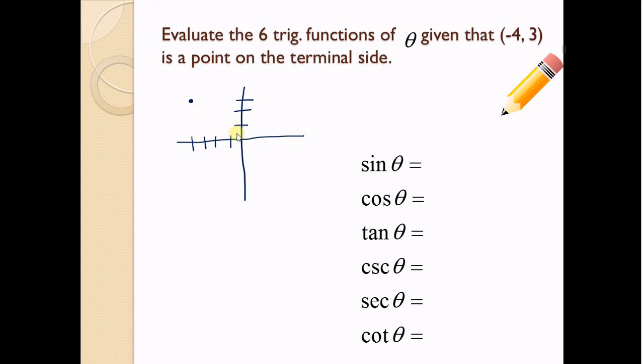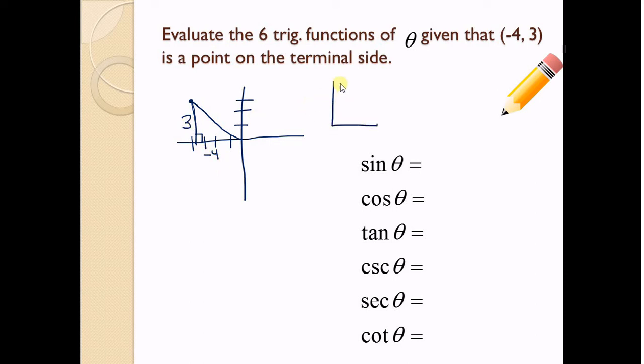Now, if I connect from the origin to there, and drop down a perpendicular, it's not a very good perpendicular, but nevertheless, I get a triangle like that. Now, how big is this? Well, it's negative 4, right? That was the side that we made. That's how far we went out. And we went up 3. So the sides of my triangle are negative 4 and 3.